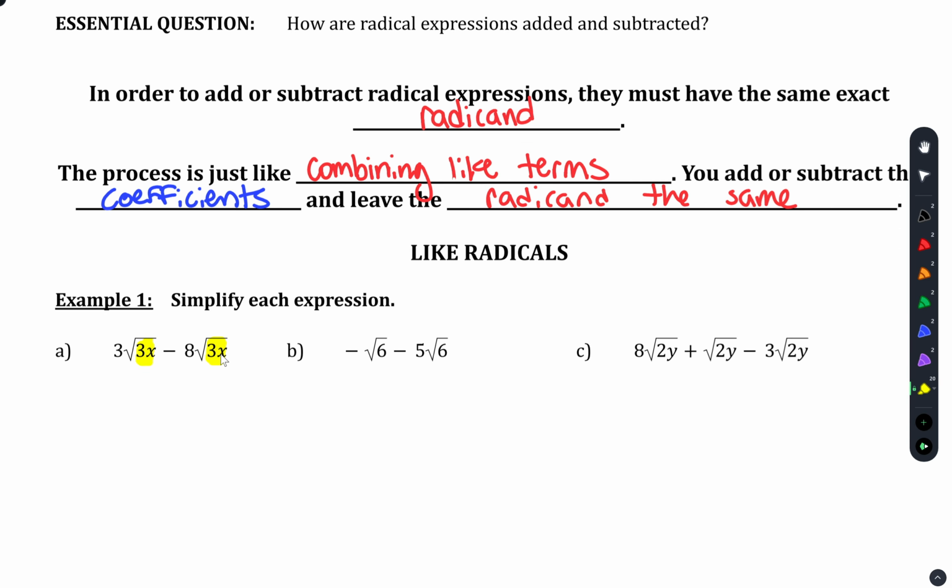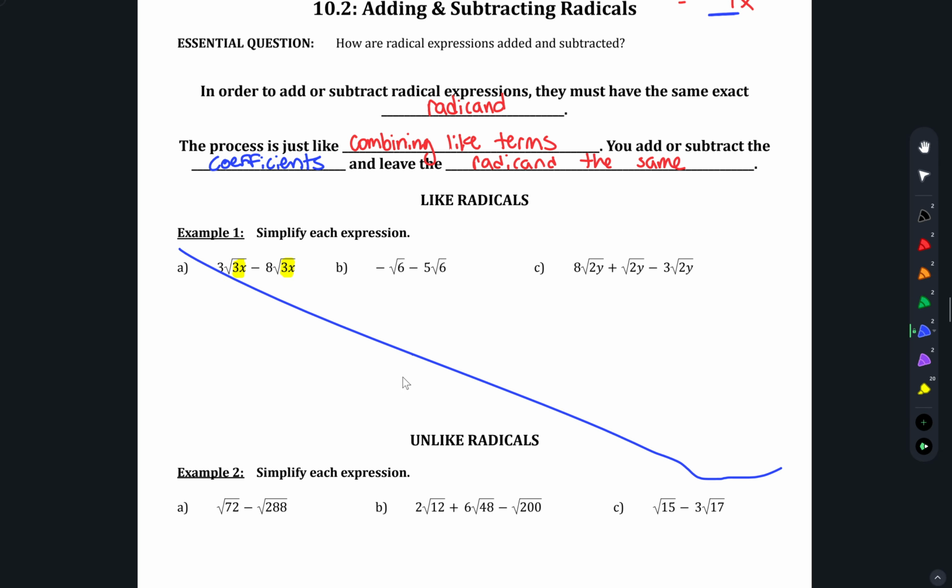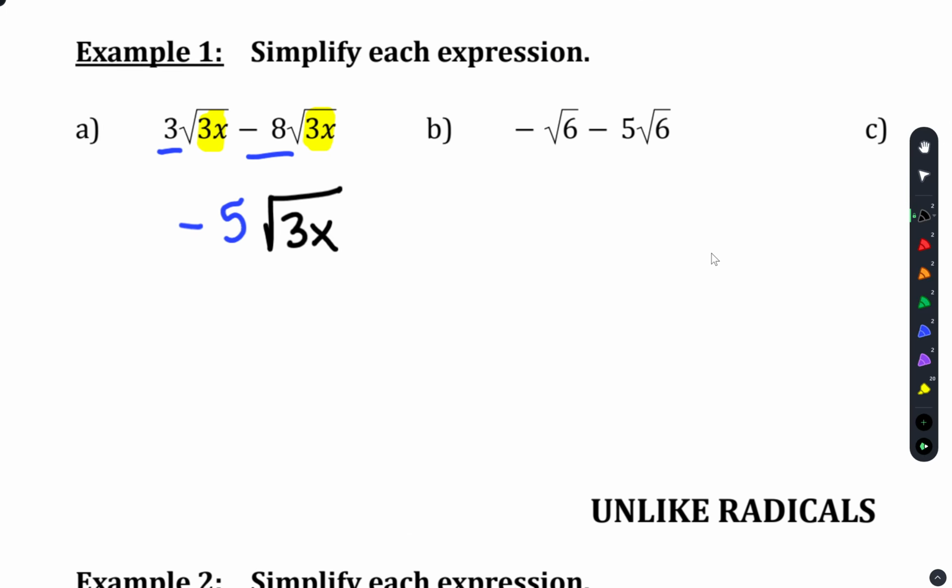That means I can add the coefficients together. I have a 3 minus 8, which gets me negative 5, right? So 3 minus 8 is negative 5, and then the radicand is going to stay the exact same. That's it.